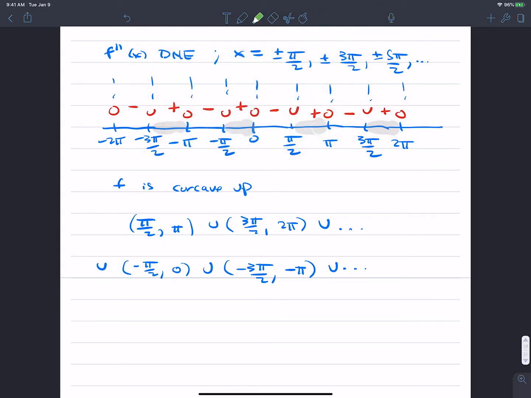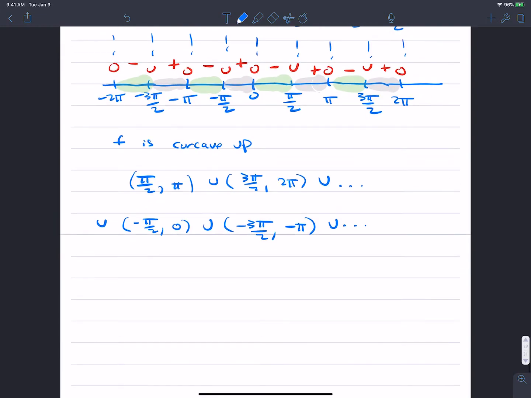If you want to say, what about concave down? This region, this region, this region, this region. So we can say again, F is concave down here.